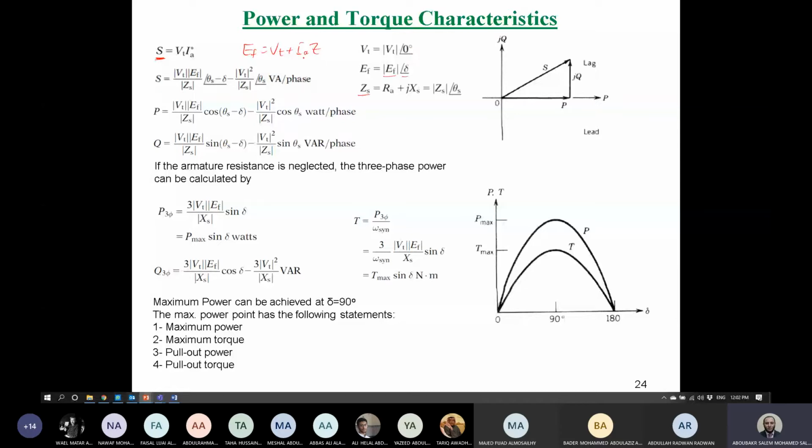So from here we can get current as E minus V over Z, and using angles and get the conjugate of angles, so we can multiply I conjugate by V to get this relation of S.